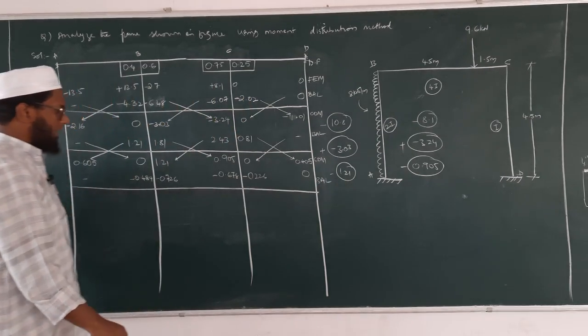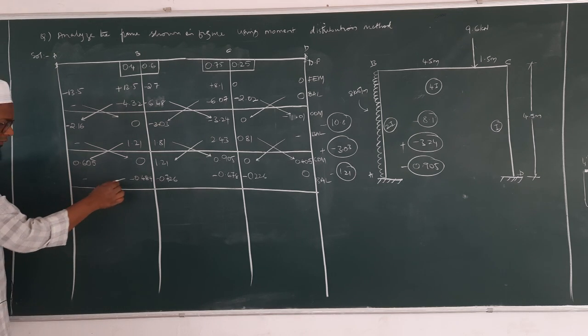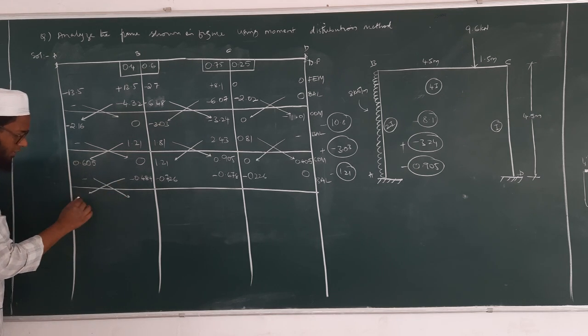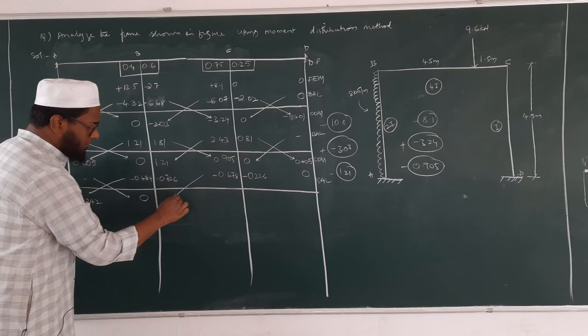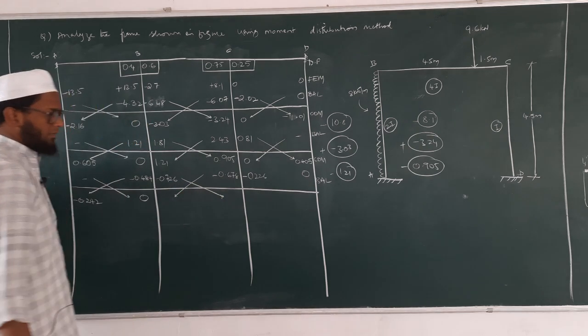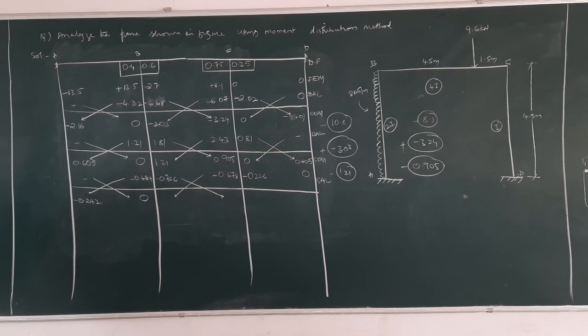So after balancing, again what do we have to do? We have to provide the carryover moment. So here what will happen? Minus 0.242. This is 0. And here 0.678 divided by 2 is how much?